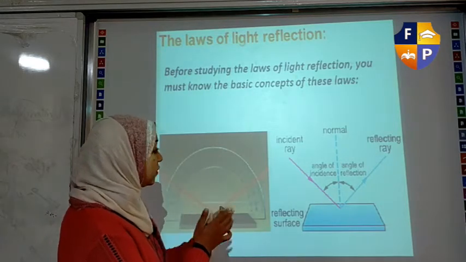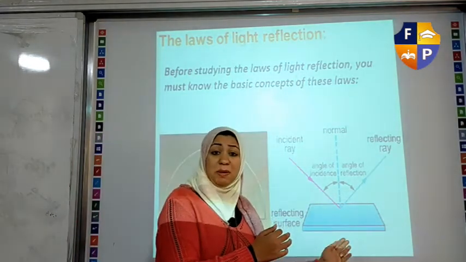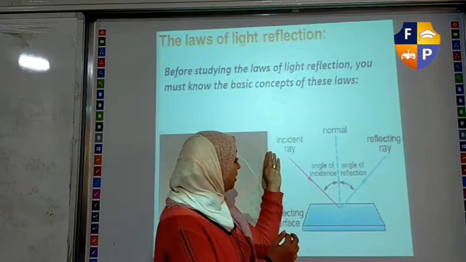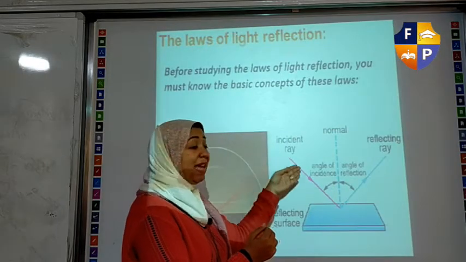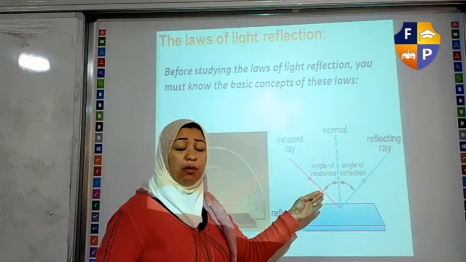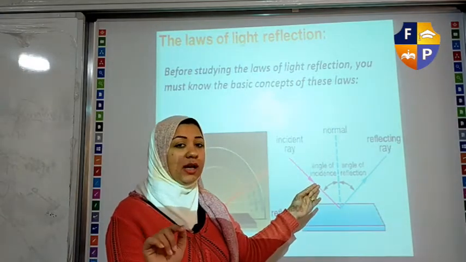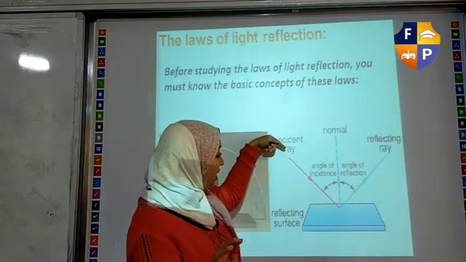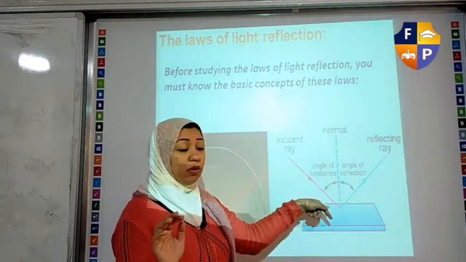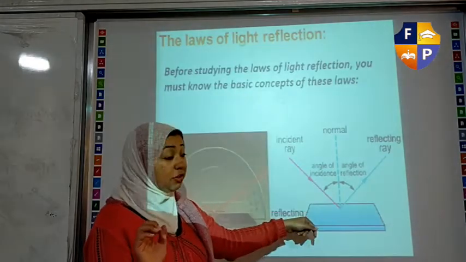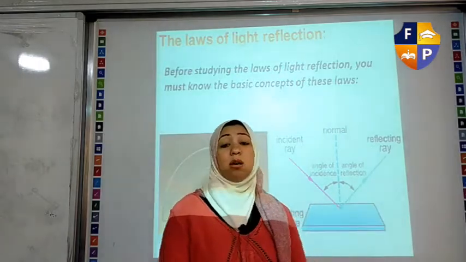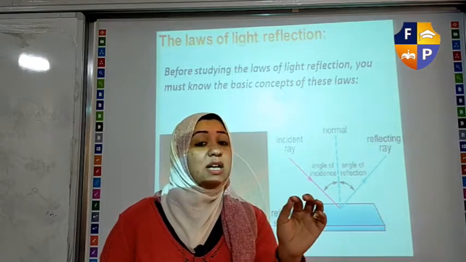First, we are going to do the experiment with this diagrammatic sketch. Here, this is called the incident light ray. Again, repeat after me, the incident light ray. The incident light ray is the light ray or light wave which falls on the smooth surface. The second line is the reflected light ray.